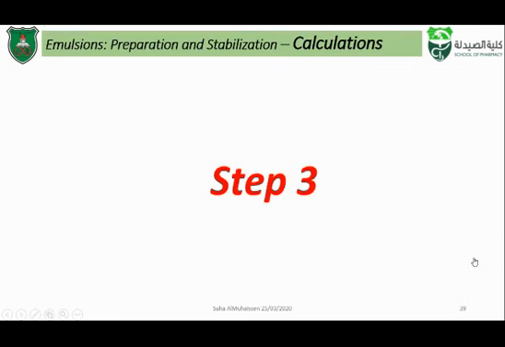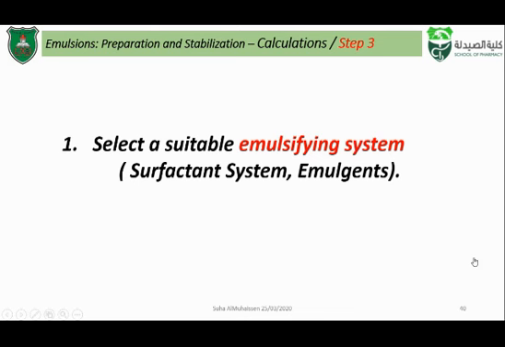How to deal with this number? Remember, we have to stabilize our emulsions. How do we stabilize these emulsions? Using emulsifying systems or surfactant systems, call it whatever you want. It is an emulsifying system.